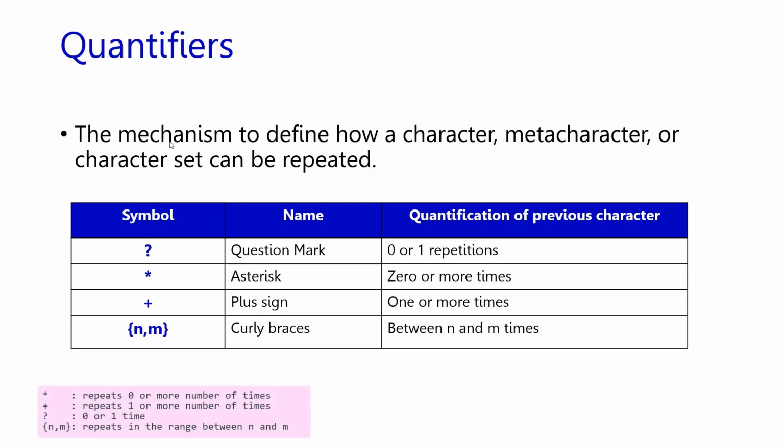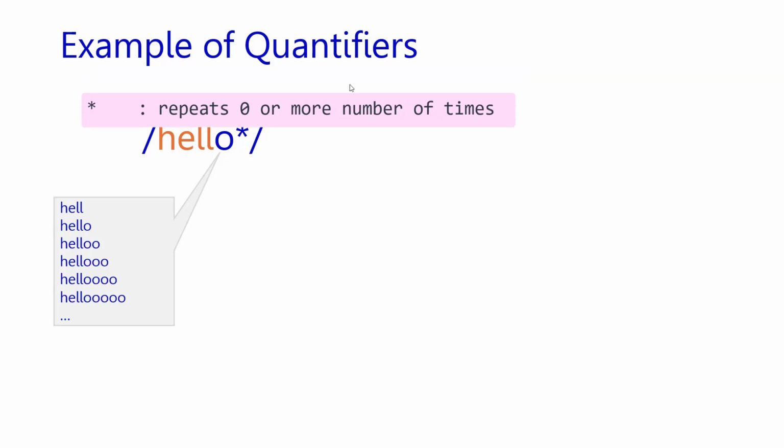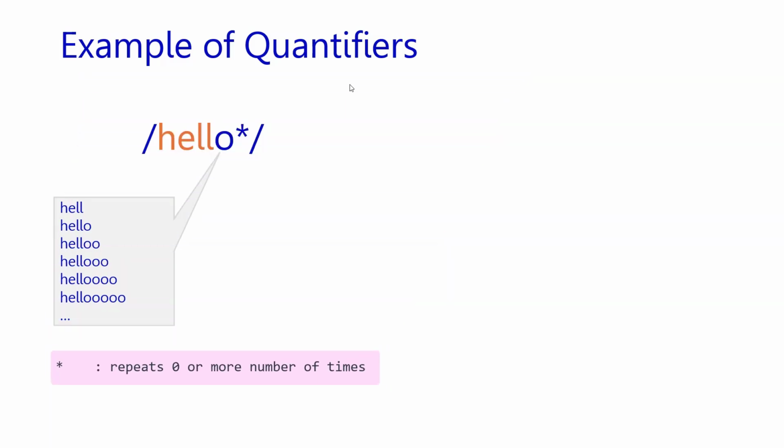Let me give you an example for all the quantifiers. Here is an example of star, and what you have noticed is the pattern, hello followed by star. A star basically applies to the preceding character, as we already know, and this preceding character tries to repeat 0 or more number of times, usually an unlimited number of times.